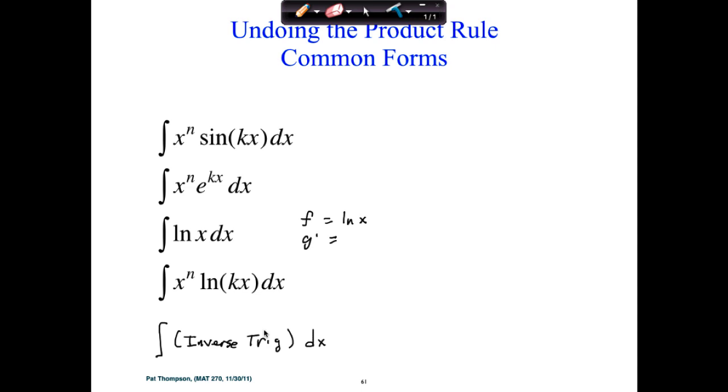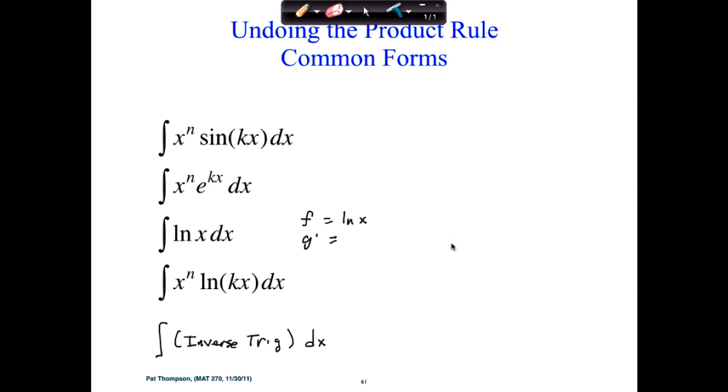So whatever function you get, is that going to be the f, or is it going to be the g prime? It's got to be the f, right? If it's the g prime, you don't know. That's the question you've been asked, to find the antiderivative. So whatever that inverse trig function is, you're going to make that f, and then you follow it through, and then the new integral that you get as a result.